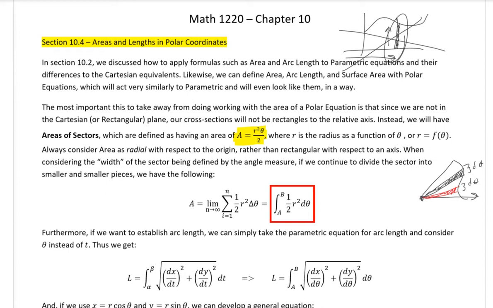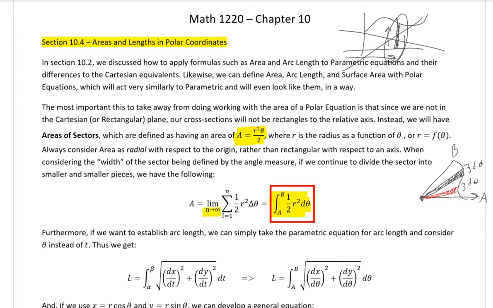With all this in mind, since we're doing these areas of sectors instead of areas of rectangles, we have a little bit of a different area formula. As you increase how many small pieces you have, or basically how many different areas of sectors you have, what you approach is this integral equation from a to b, where a to b are angle measures. So this would be angle A, this would be angle B, of 1/2 r squared d theta. That coming from the formula for the area, r squared theta over 2.